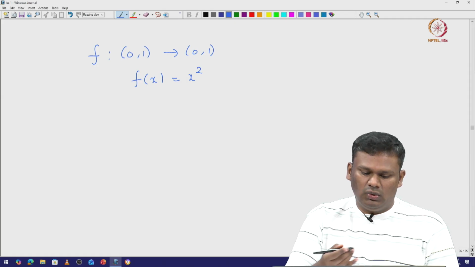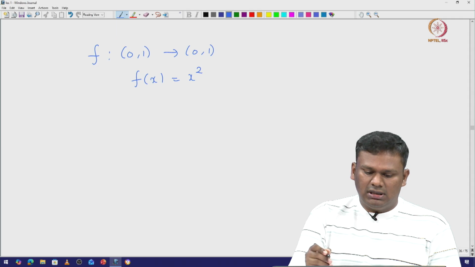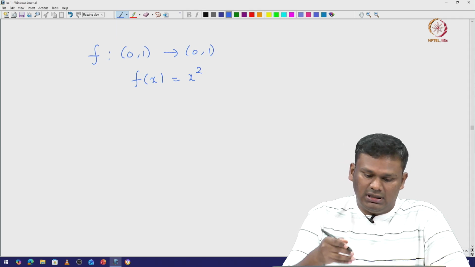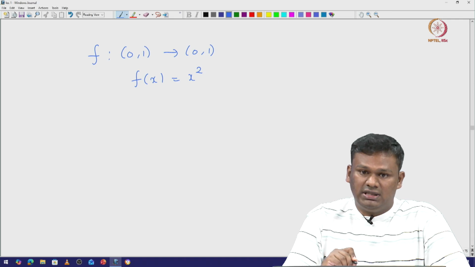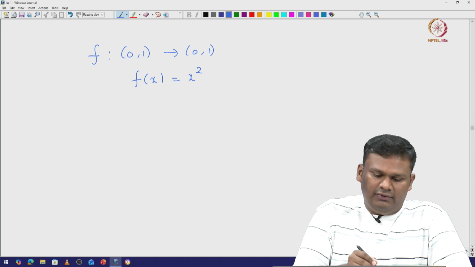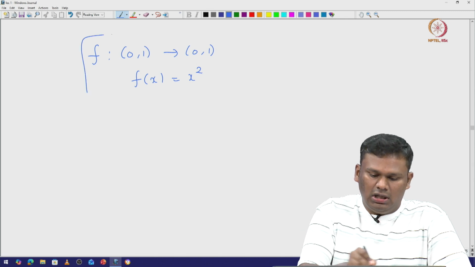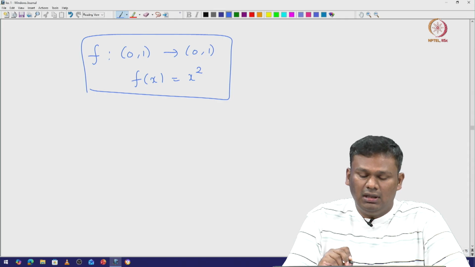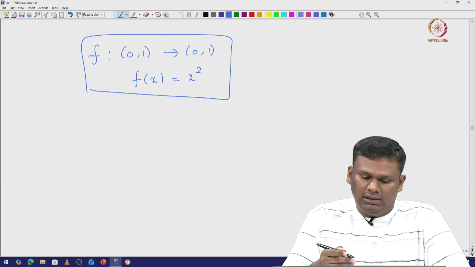It is easy to ask a question, but depending upon where it is defined, we have to use that information in order to check something about the function. For example, we have to use a little bit of analysis. What does injective mean?